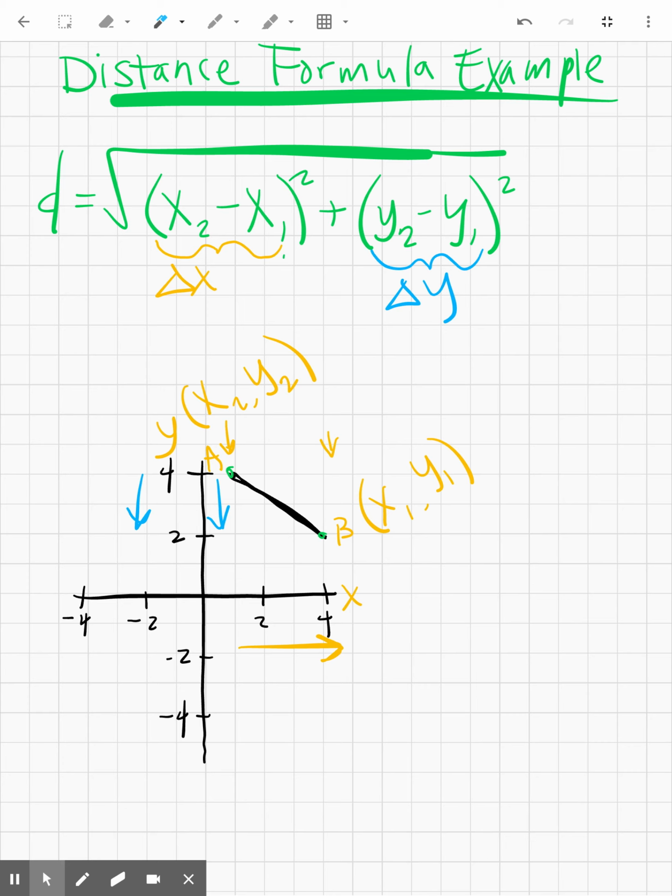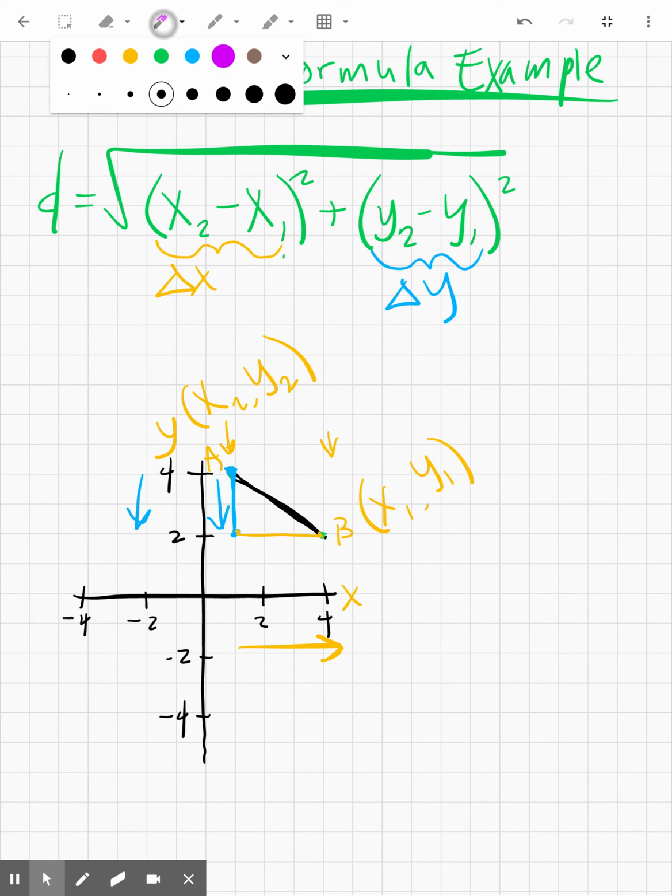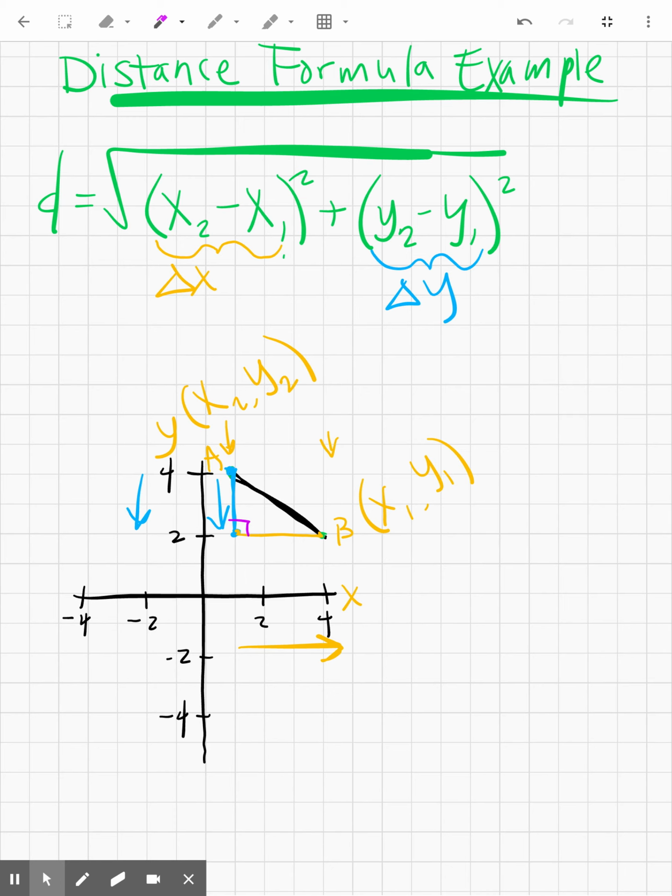If you look carefully at all these random arrows I drew, we're seeing change in y here, from this point to this point, and our change in x, from this x unit to this x unit. Look at that, we have a lovely right triangle.